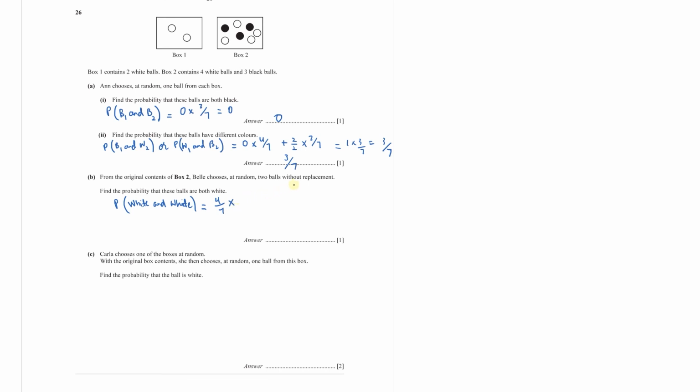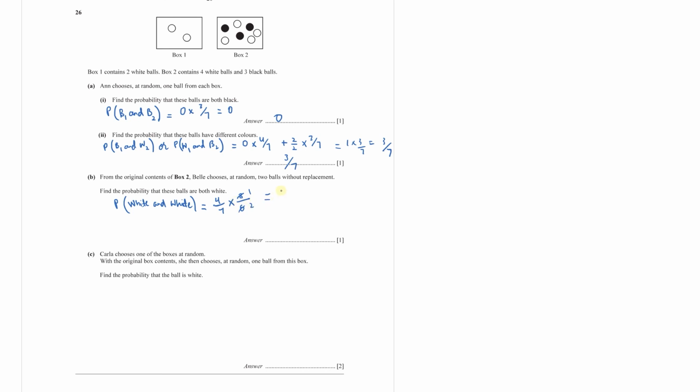It's without replacement. That means you do not put the first ball back. So since you have chosen a white the first time, how many whites are remaining? 3. And how many total balls are remaining if you picked one already? 6. So 4 over 7 times 3 by 6, which simplifies to 1 over 2.